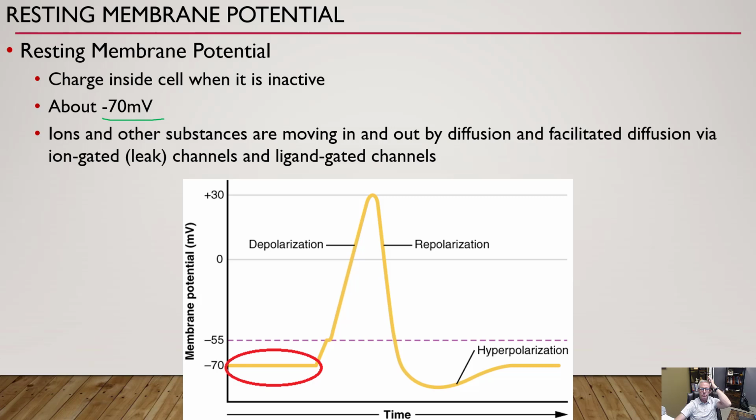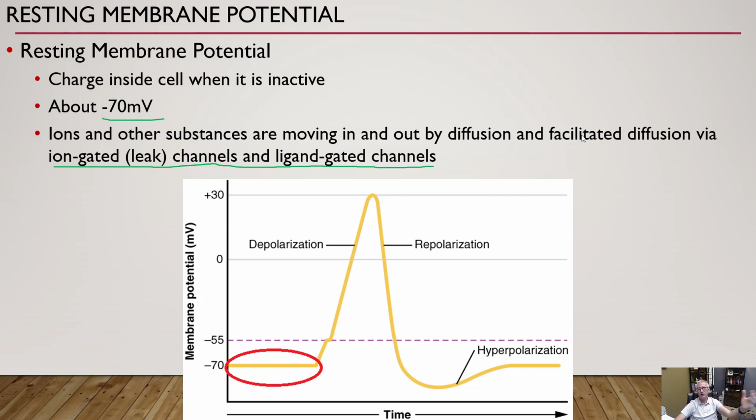Now, I'm going to use these terms, ion-gated channels and ligand-gated channels. And that's to represent that ions are moving in and out, molecules are moving in and out. Usually by concentration gradients.